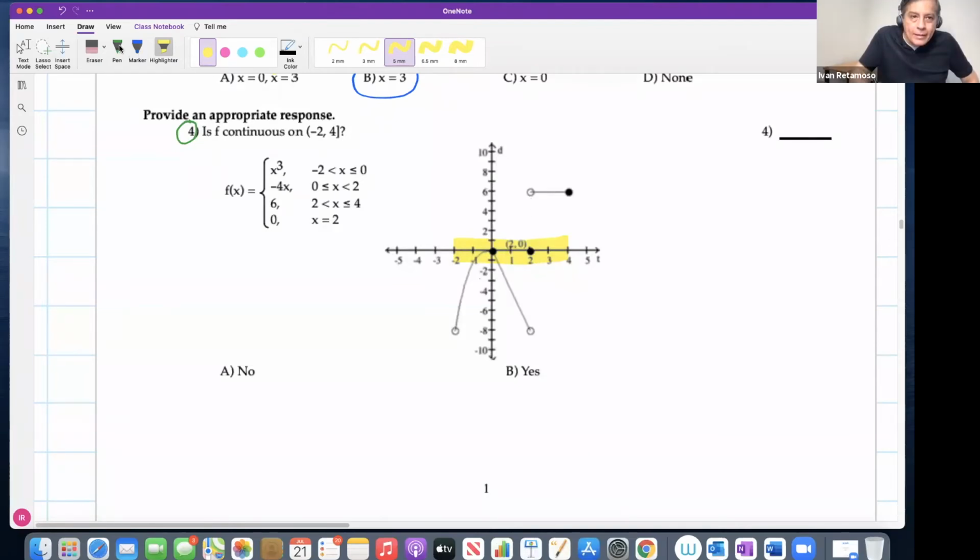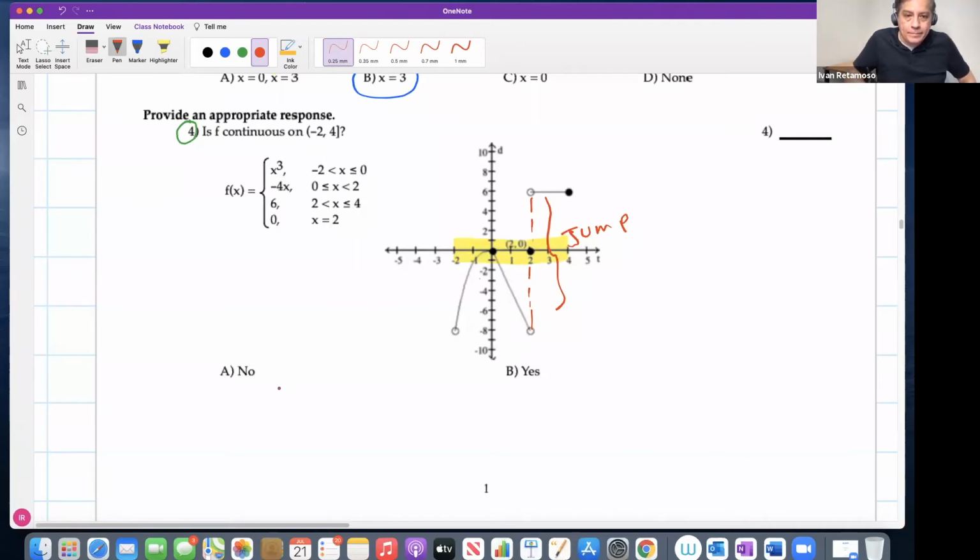It's tricky though, right? Notice there is a jump. Jump discontinuity. So because of that, if they had said from -2 to 0, yes, continuous, all in one piece. From -2 to 1, all in one piece. But when you say from -2 to 4, there is a jump there, because of that, no.